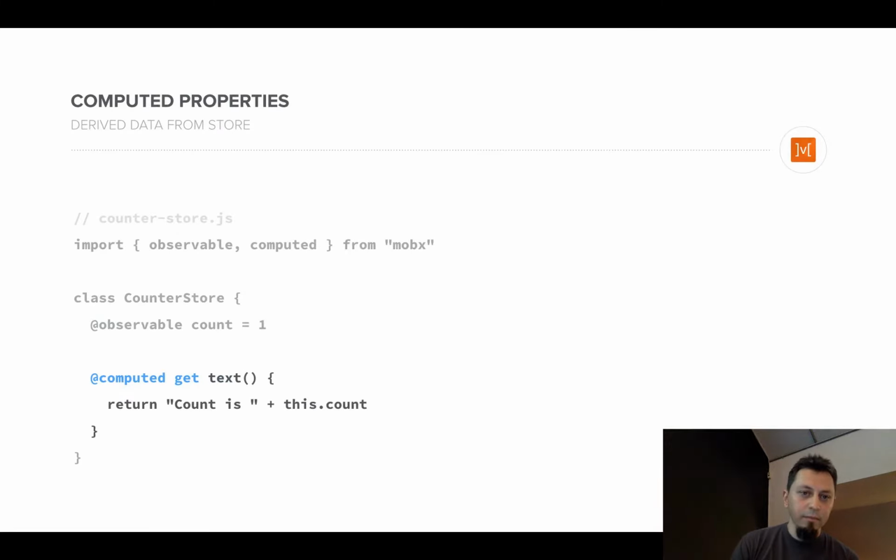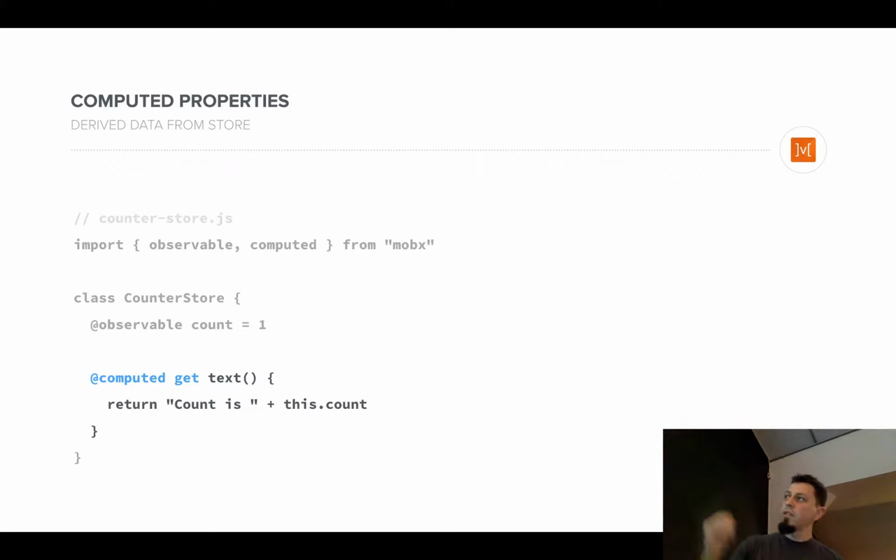So until now, all the features are pretty much the same. They are just accomplished using different methods. But MobX has some additional features. One of them is that you can define computed properties. You can use actual properties in your store and then get derived data based on them.